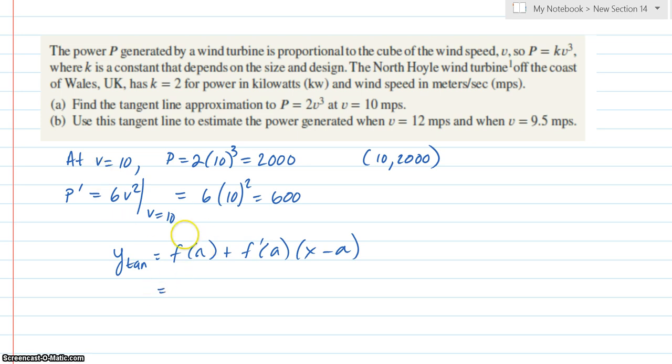So the f of a we know is 2000 plus the f prime of a we found, 600, times, we should call it v since they're not using x's here, v minus the 10. There it is. And this is approximately equal to f of x, so we'll say this is approximately equal to p of x.